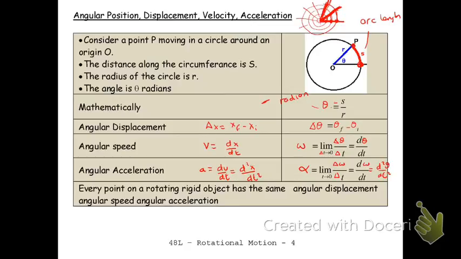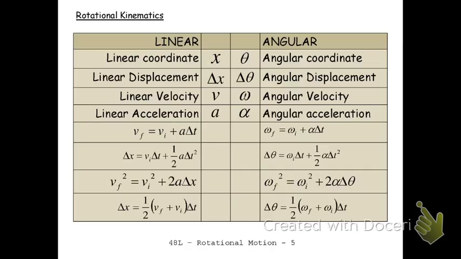If you're doing angular stuff, you just say, oh, I know the angular displacement, the angular position, the angular velocity, the angular acceleration. Every point is the same. That's a tremendous simplification of the problem. So every point on a rotating rigid object has the same angular displacement, angular speed, and angular acceleration. That's such a time saving, being able to do that. So that's what makes this really useful.